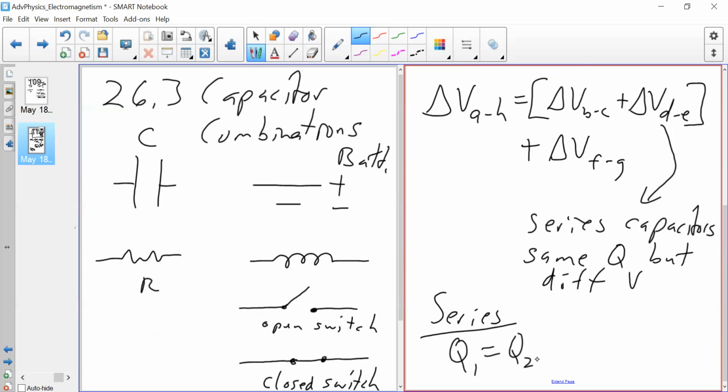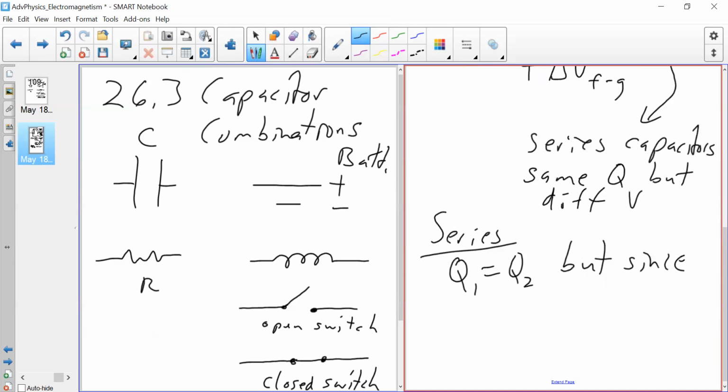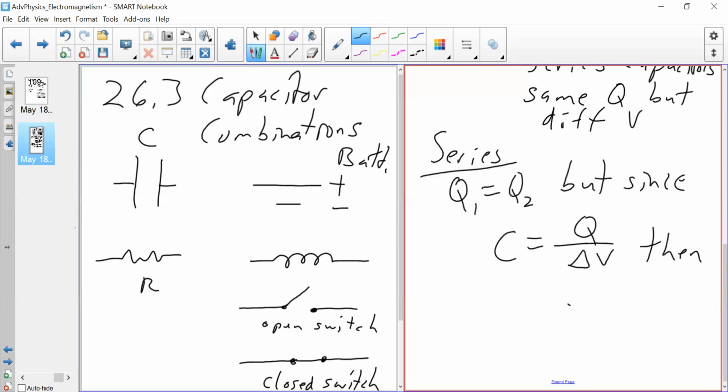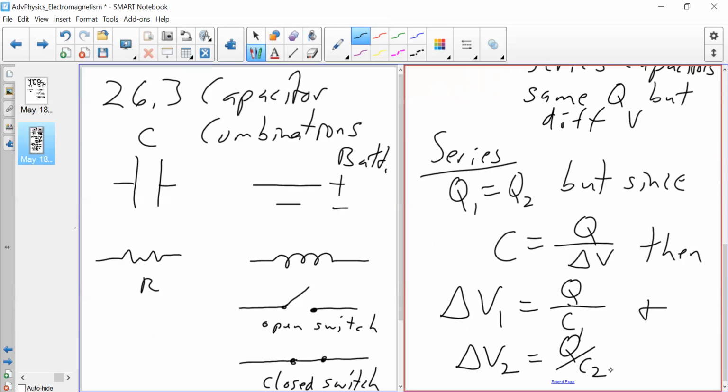Oh, okay. So Q1 equals Q2 for series capacitors. But since capacitance is Q over delta V, then delta V1, or from B to C, would be Q over C1. And delta V2 will be Q over C2.